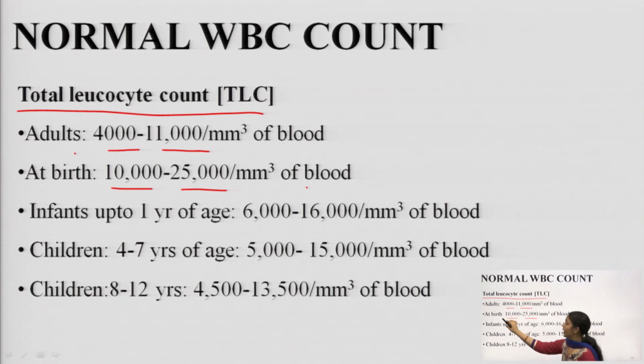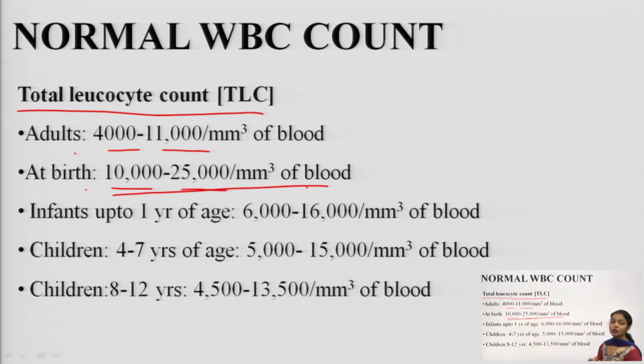This means at birth, in infants below 1 year of age, the normal range is 10,000 to 25,000 per cubic millimeter of your blood. And in infants up to 1 year of age, that is 6,000 to 16,000 per cubic millimeter of blood.